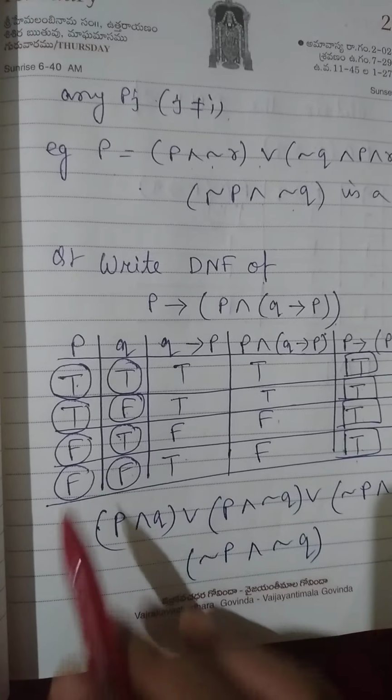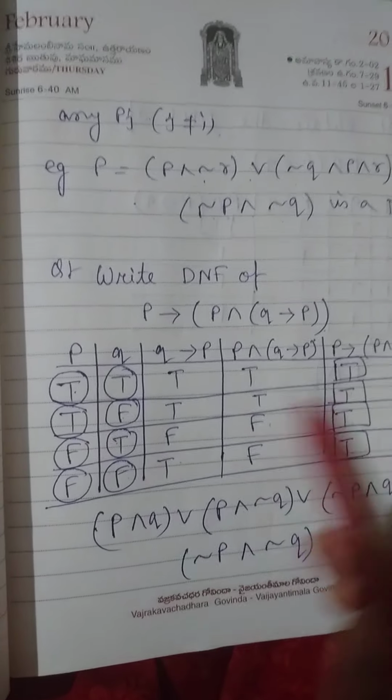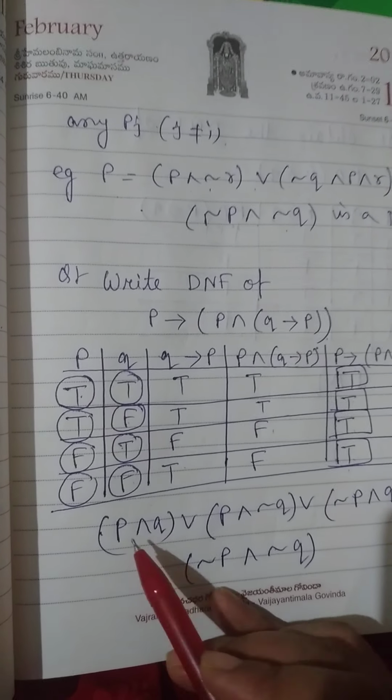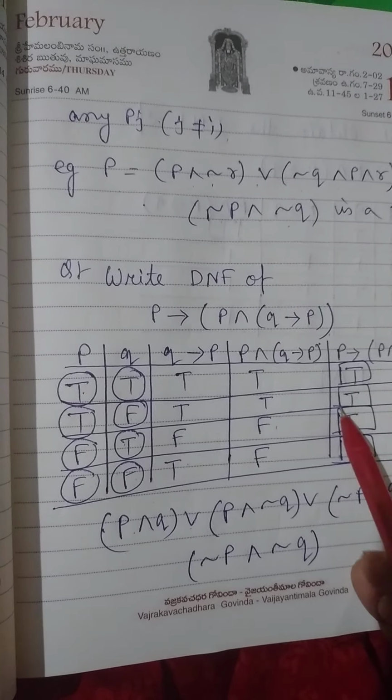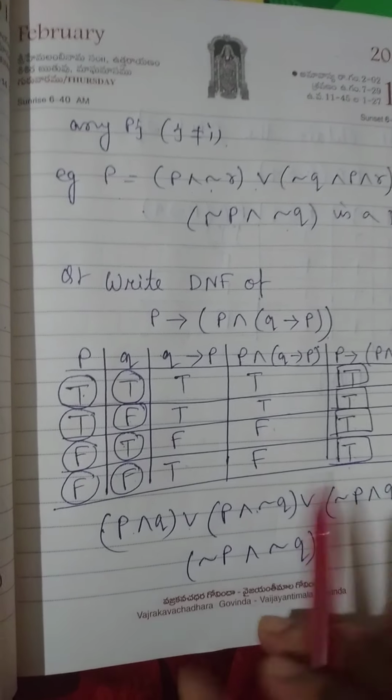Now how to make DNF? Inside the bracket there will be and, outside the bracket there will be or. There are 4 T, so we get 4 brackets.